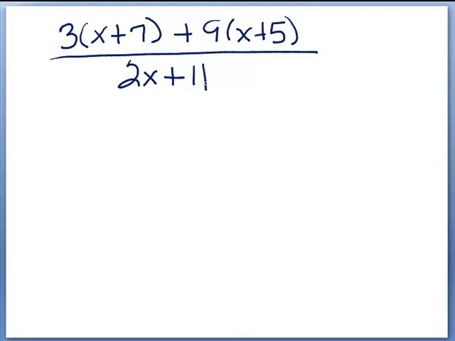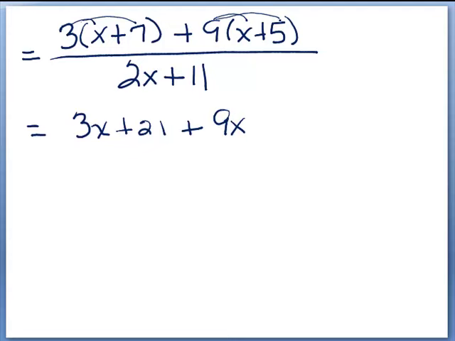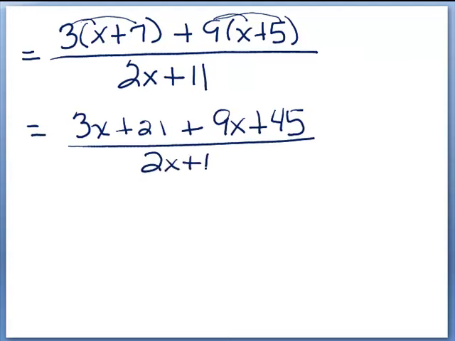In the numerator, we want to get rid of the parentheses, so we're going to distribute. We have 3 times x, 3x, then 3 times 7, 21, plus 9 times x, 9x, and then 9 times 5, 45, over 2x plus 11.